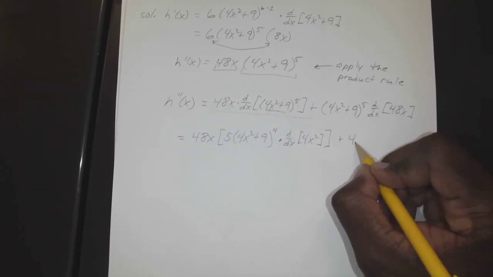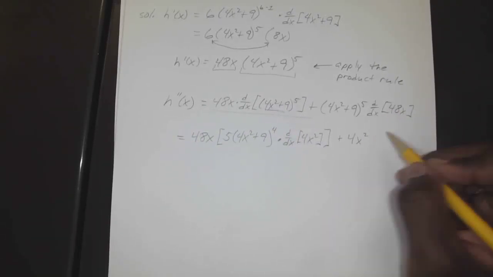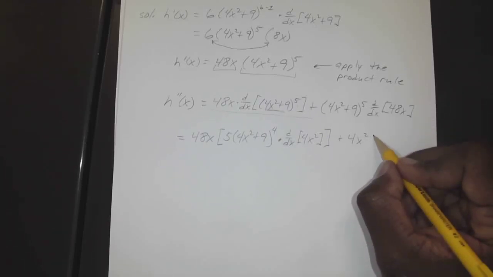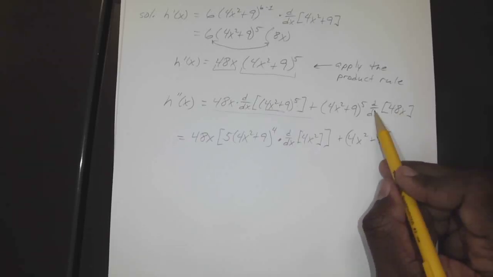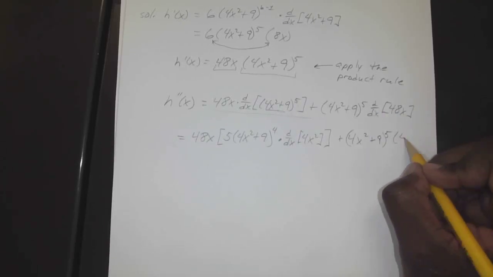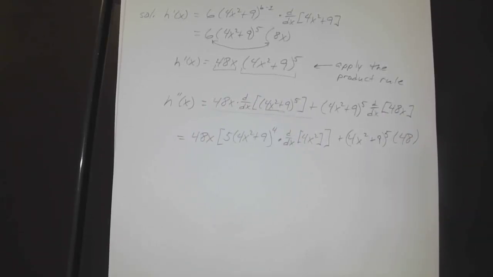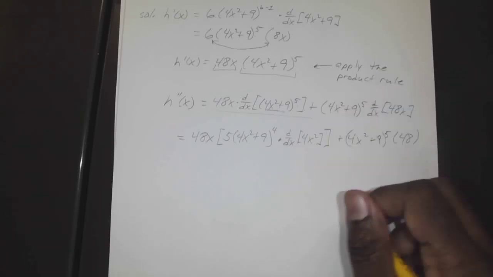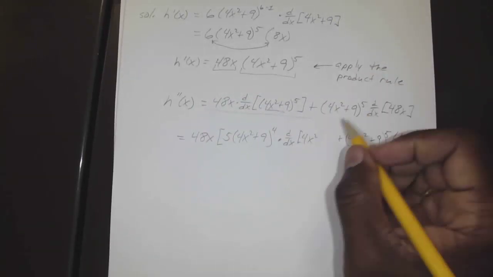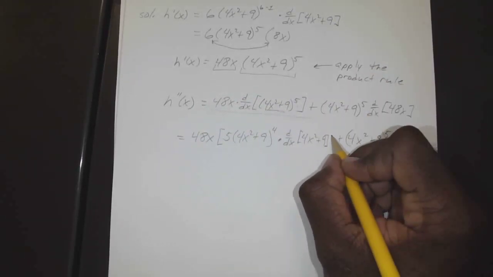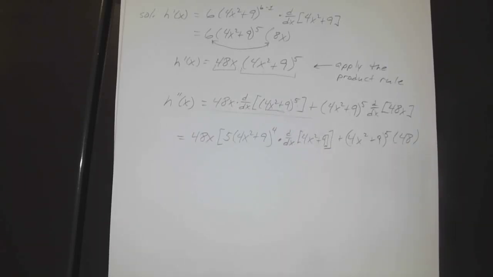Plus 4x squared plus 9 to the 5th times the derivative of 48x, which is just 48. Oh, that's where I messed up. 4x squared plus 9, even though it ends up being the same thing. There we go.